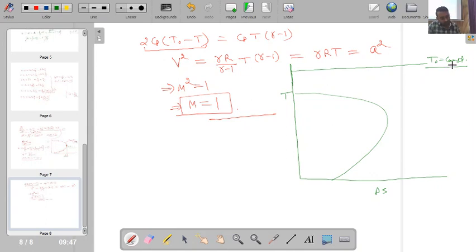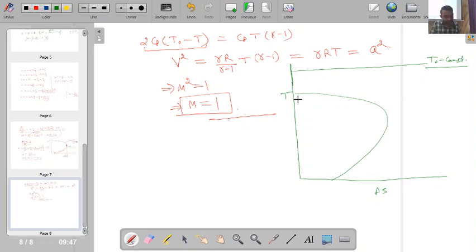Now if T naught is constant, what will happen? I have two branches of this curve. If this is my T naught, this is the static temperature for a given situation. T naught is nothing but the static temperature plus kinetic energy, and the kinetic energy will have more magnitude for the supersonic flow situation.